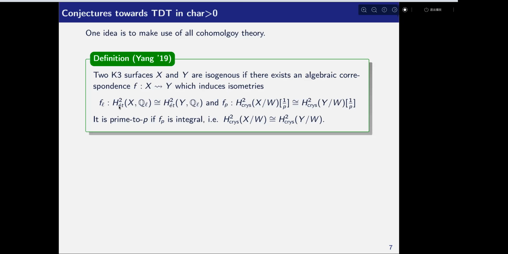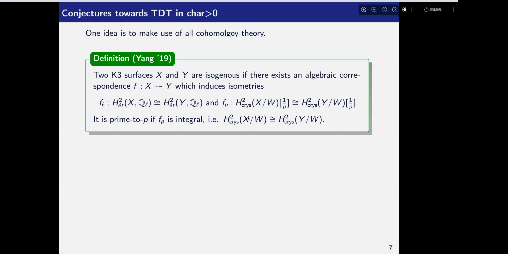Here the isometry on the l-adic part is between their étale cohomology, and on the p-adic part between their crystalline cohomology. We may say that this is a prime-to-p isogeny if F_p is integral, which means this isometry is defined over the integral crystalline cohomology. So basically the integral crystalline cohomologies are isometric.